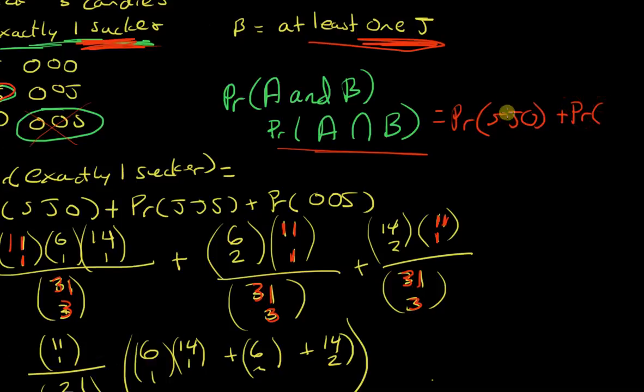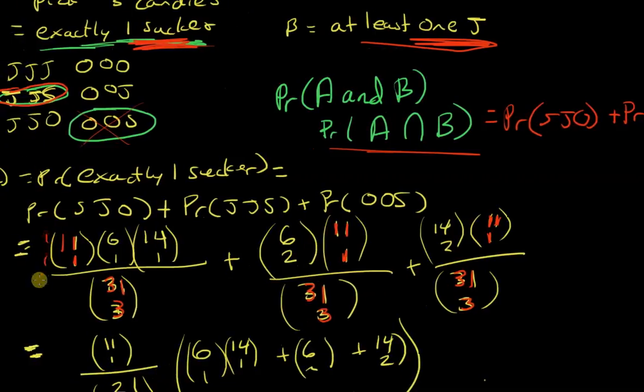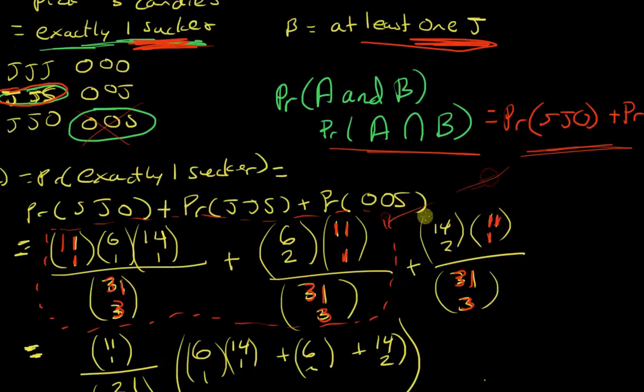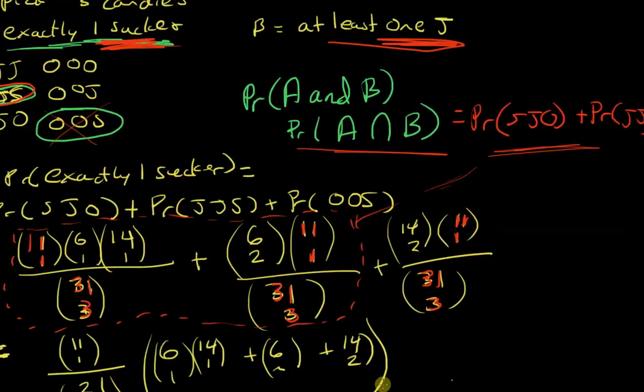This is the addition rule for mutually exclusive events. We've already written what those probabilities are down here. It's just these two guys. It makes sense, right?